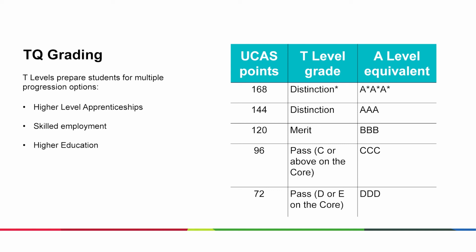For those who decide to enter the skilled employment workforce, they will have that level 3 qualification as a T-level student to do that. And of course, there's that opportunity to enter the higher level apprenticeship frameworks as well, because T-levels are set at that level 3 standard, so they could look at a level 4 or higher apprenticeship available to them.